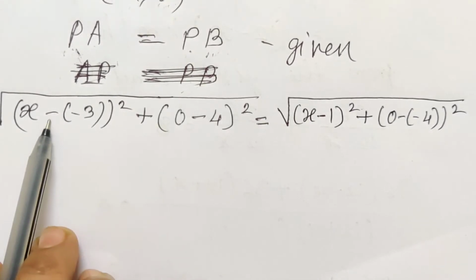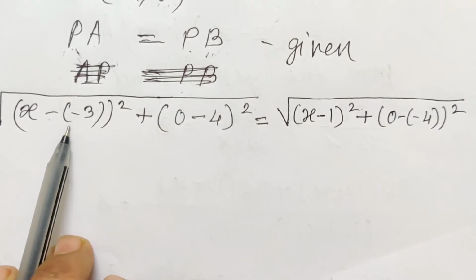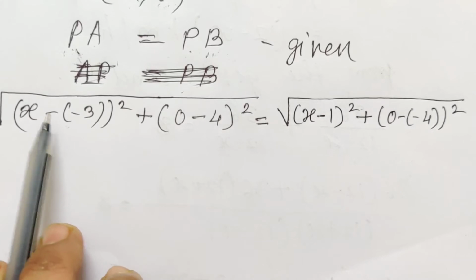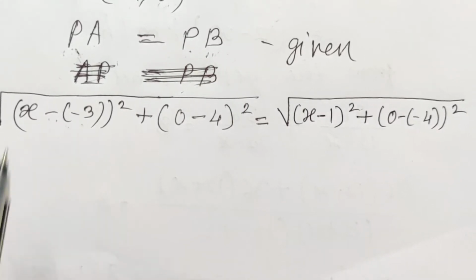So x minus -3, use the rule of integers for subtraction. We do it in the form of addition. Change the sign of the second term.